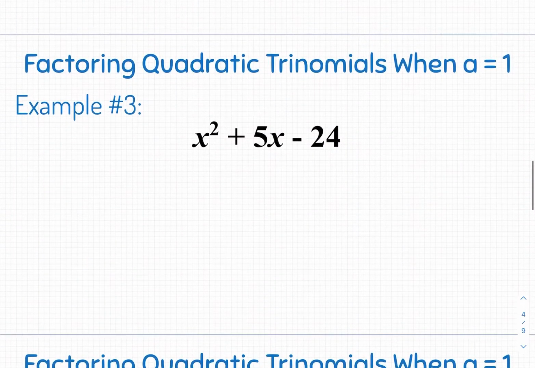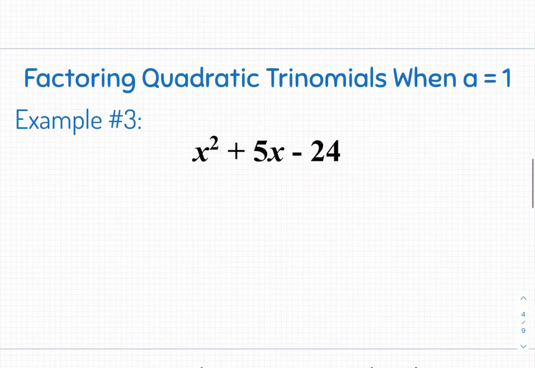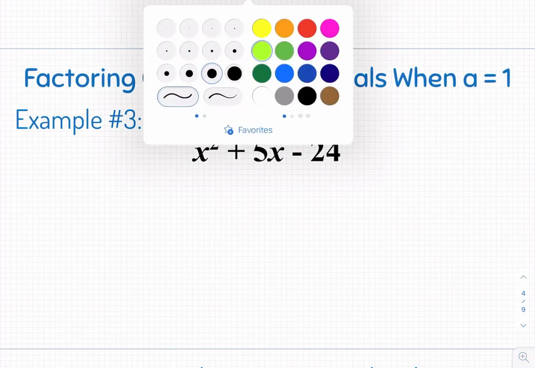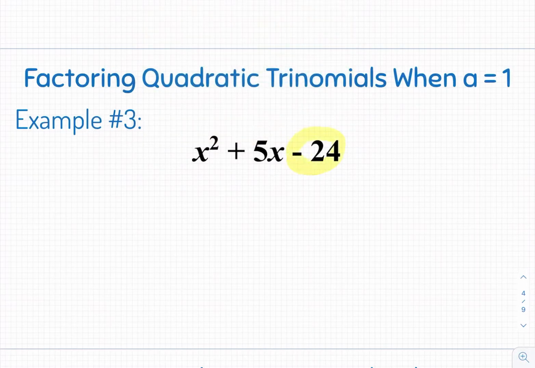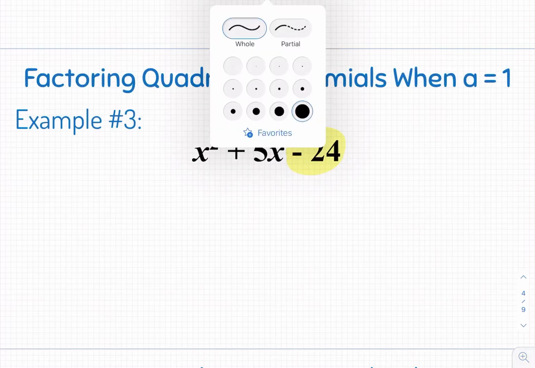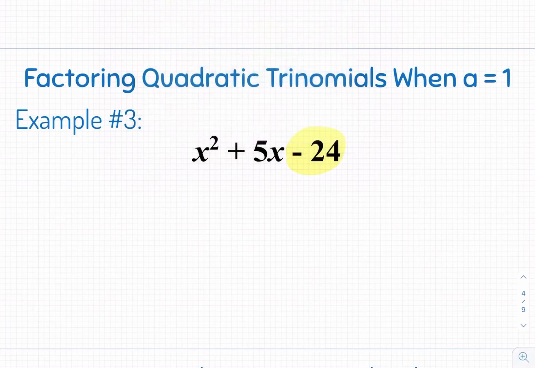Okay. For this next one, again, we're looking for factors of negative 24 that add to equal positive 5.